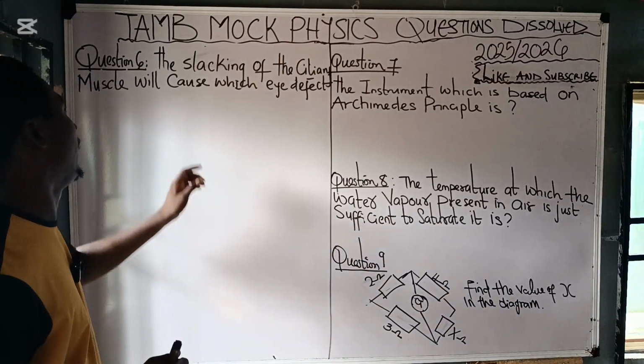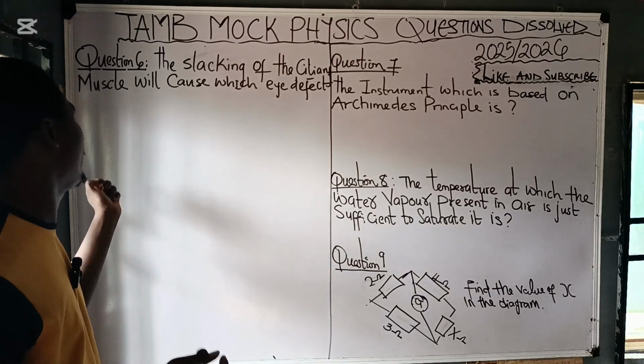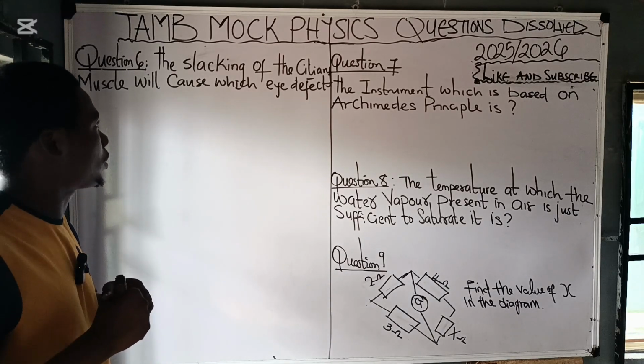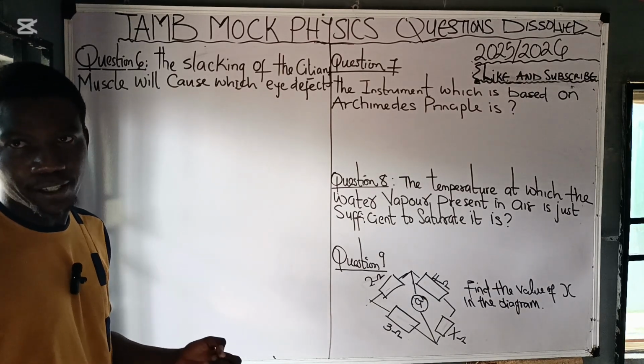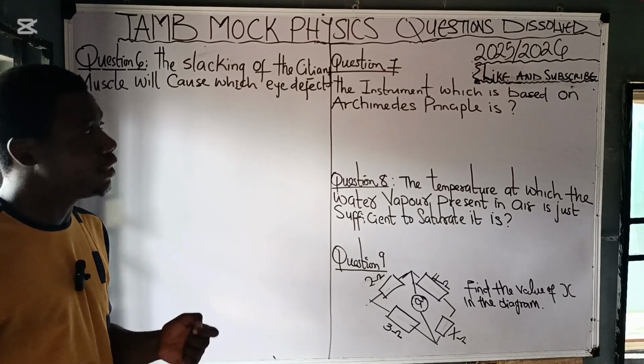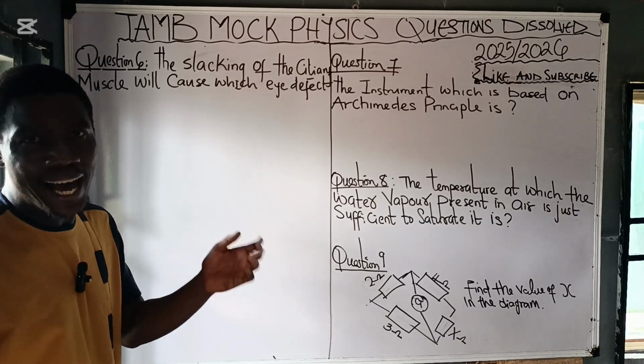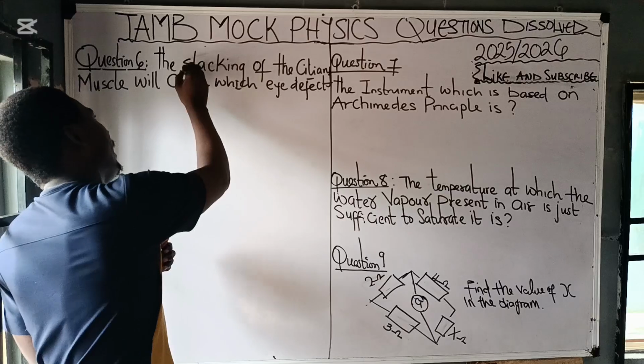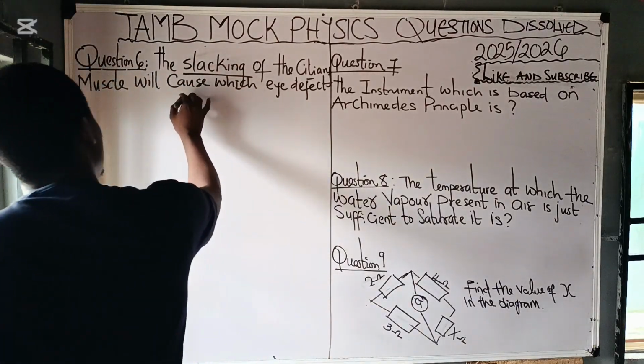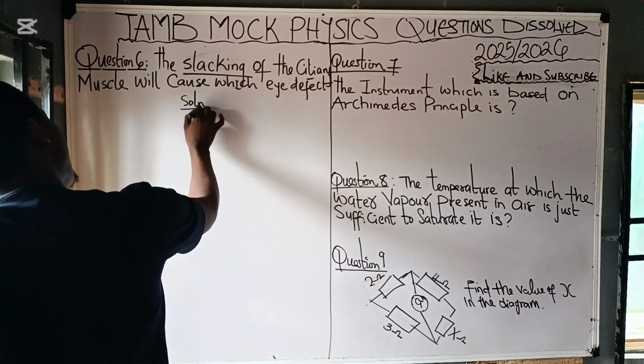Question 6 says that the slacking of the ciliary muscle will cause which eye defect? The slacking of the ciliary muscle will cause which eye defect? Now, let's analyze this carefully. You must understand that we are talking about eye defects.